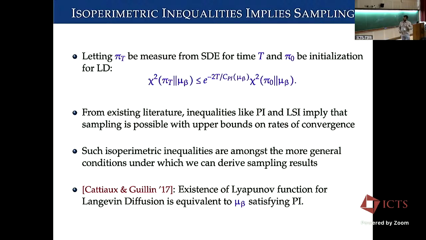And with existing literature, with enough regularity assumptions on f and so on, you can also come up with discrete time algorithms that get us this. All right, so great.